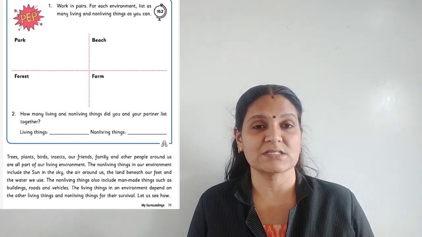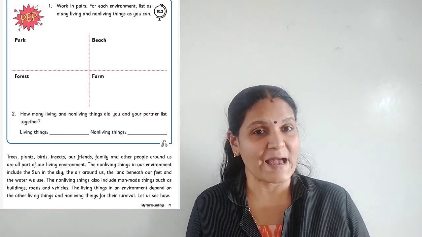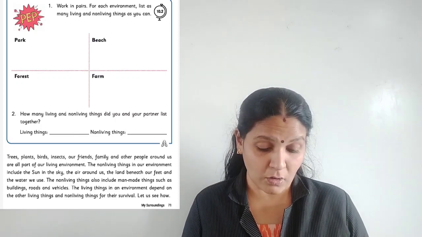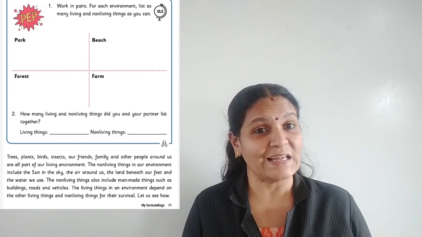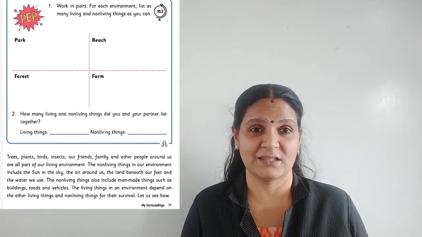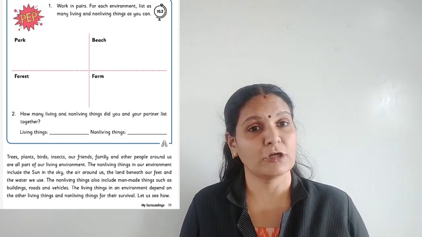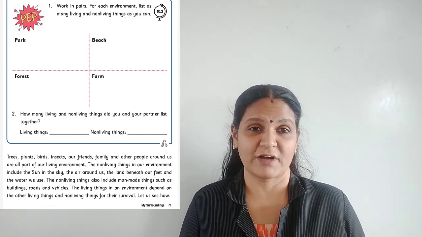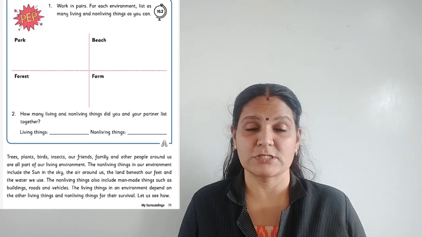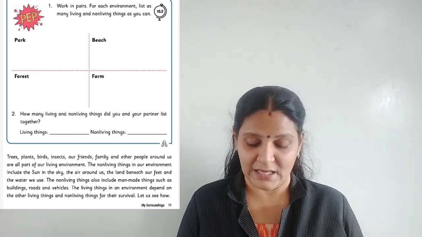The trees, the birds we see, the plants around us are all living things that we can see in the environment. And what about our family and friends? They are also a part of our environment.